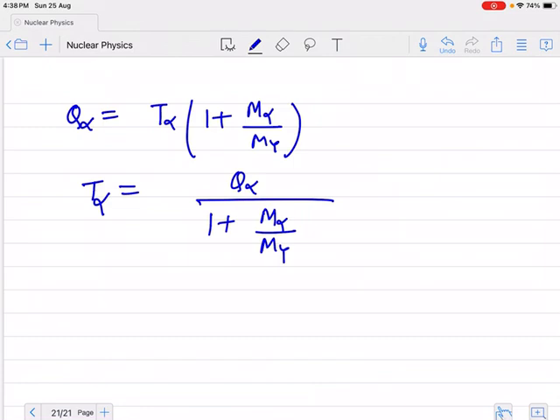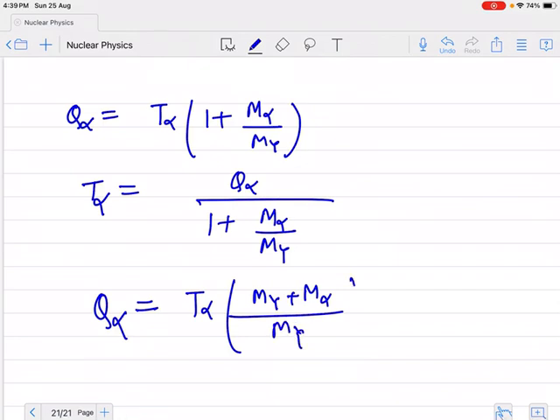And now you can write down Q alpha: because Q alpha is T alpha times 1 plus m alpha upon m y, you can write m y plus m alpha upon m y, and you know the mass number of Y is less than that of X. m y plus m alpha is X. So the mass of X is A, the mass number, and the mass of Y is A minus 4.